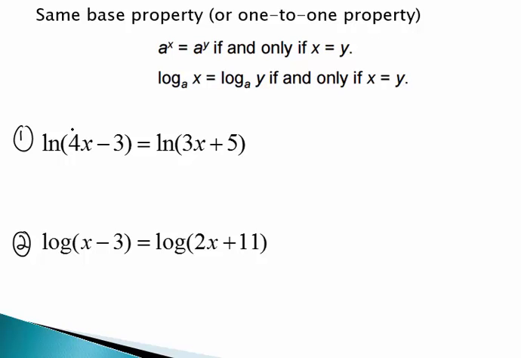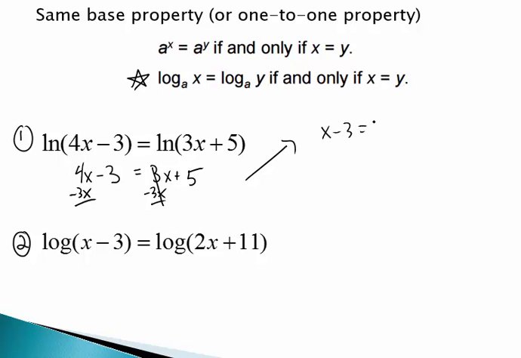So just drop the logarithms, or really what you're doing is equating what you're taking the log of, based on this second property right here. Then I solve again. This case is a linear equation. So I'm dealing with x minus 3 equals 5, add 3, and I'm done.